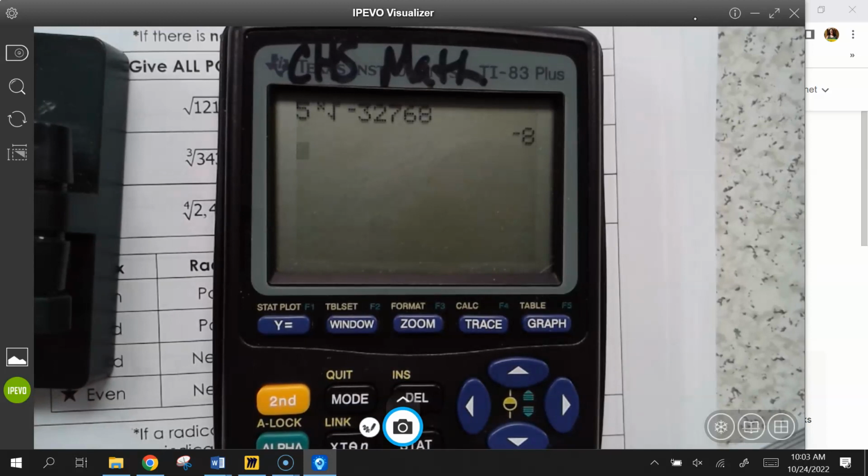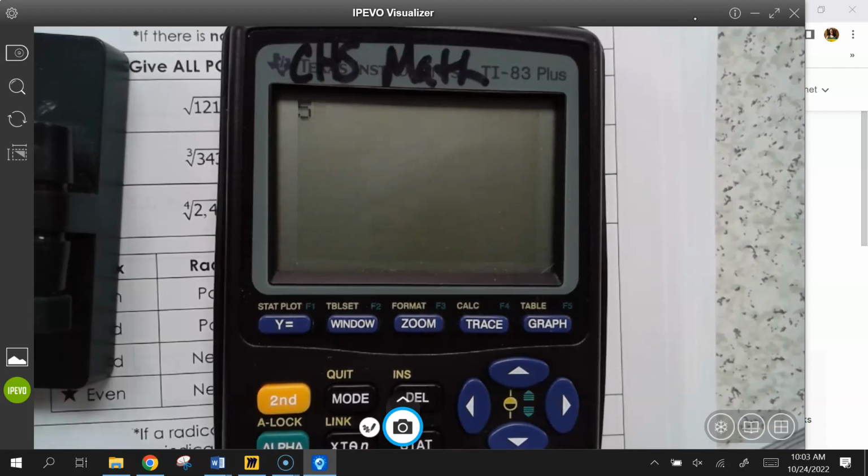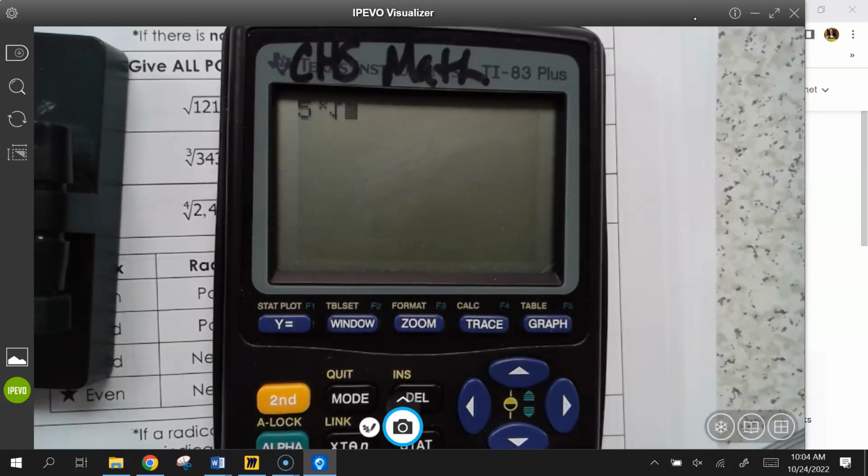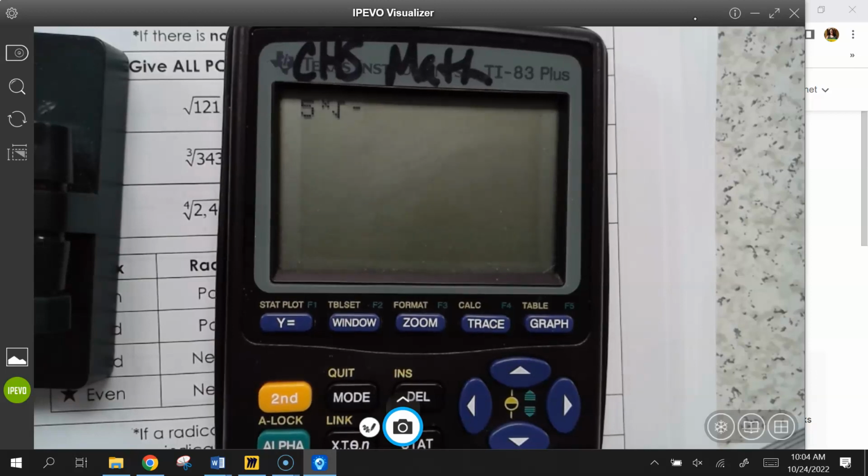Okay, so if you're still having trouble, I hit 5 for the fifth root, and then in the math option, I chose number 5, and then typed in negative 32,768. Not everybody at once. What's the number again? Let me see if I did it right.